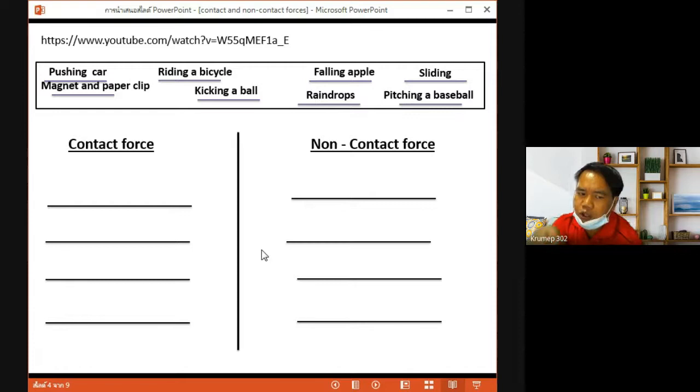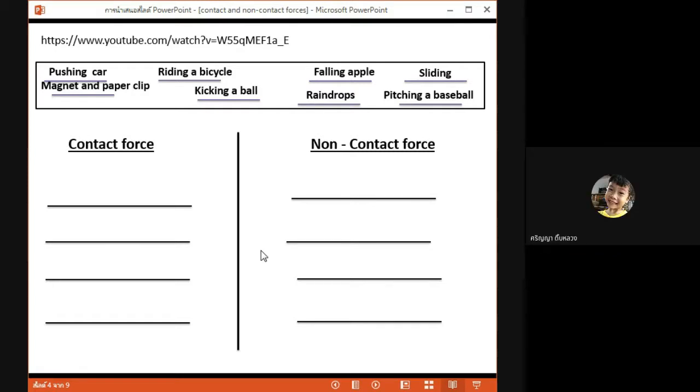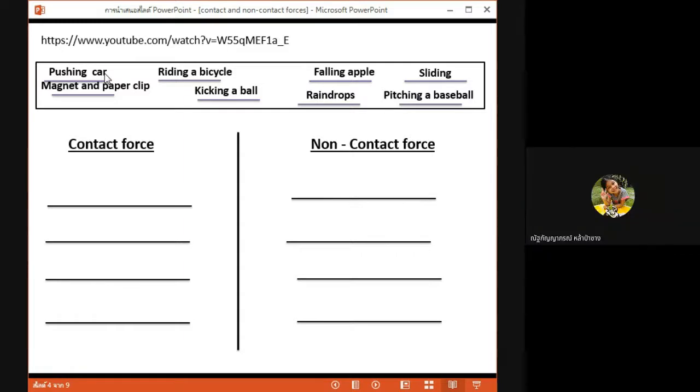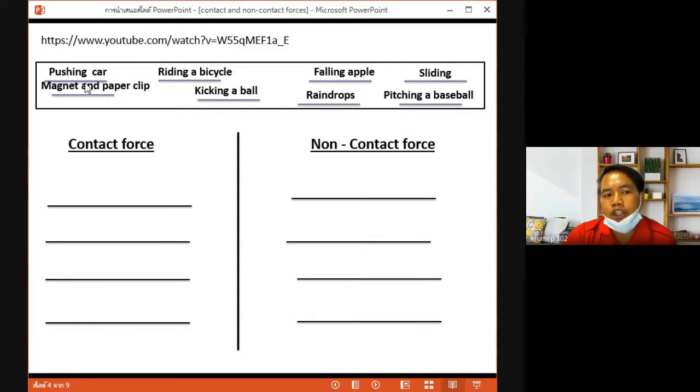We cannot do this one at home, so I would like you to do it here and tell me your number for your score. Understand? Yes. Okay, if I show you the word like pushing car, you tell me your name to answer what group we are going to put it in, contact force or non-contact force. Understand? Yes. Okay. So pushing car.